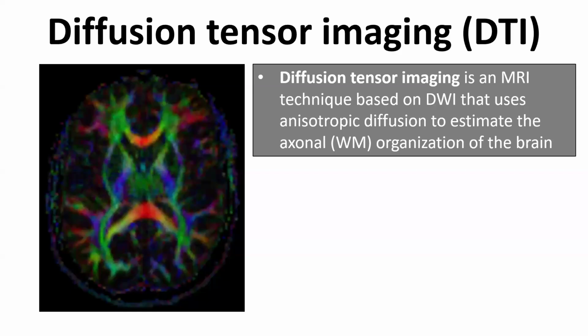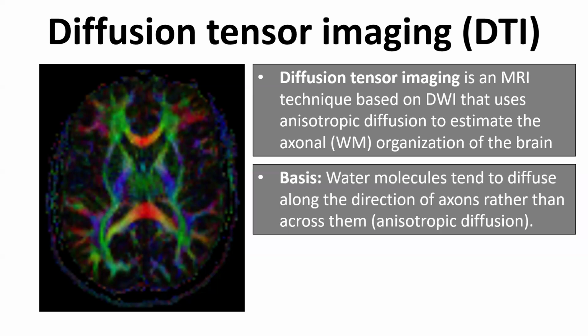What is diffusion tensor imaging? It is an MRI technique based on diffusion-weighted imaging that uses anisotropic diffusion to estimate the organization of the white matter of the brain, and white matter is organized in certain tracts or bundles. Now, what's the basis?